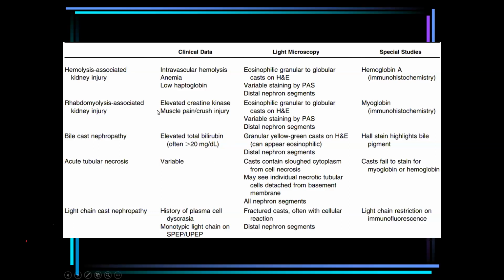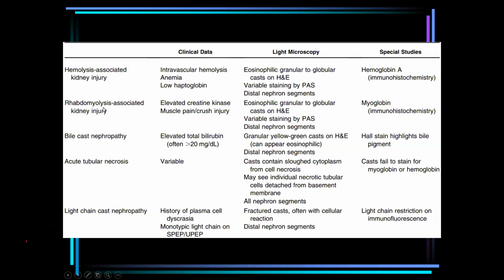As we see here, it is written that elevated total bilirubin must be over 20 milligram per deciliter. In some of the literature, it is stated as more than 16. It is the same. So don't diagnose bile cast nephropathy in patients who have bilirubin of, for example, 3, 4, 5, etc. It must be very high.